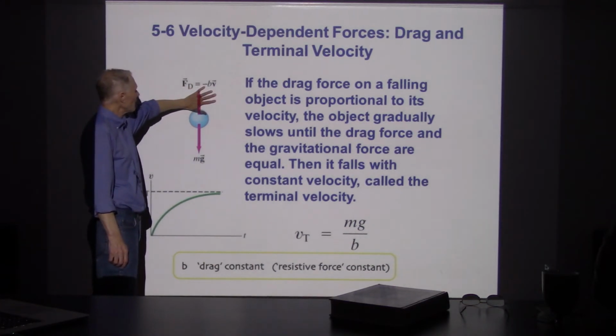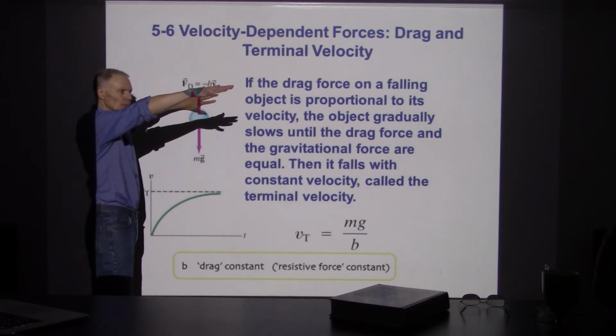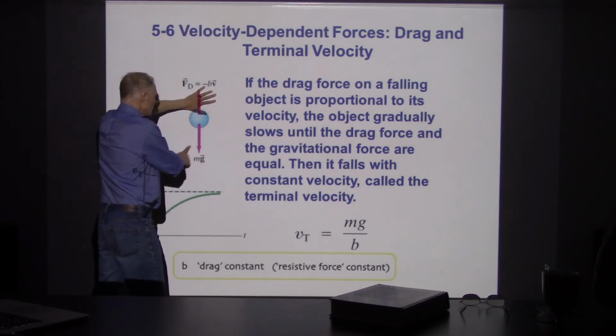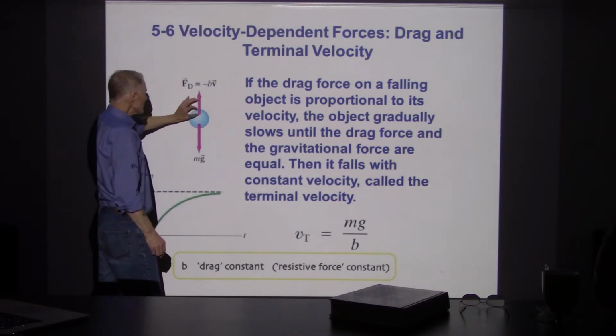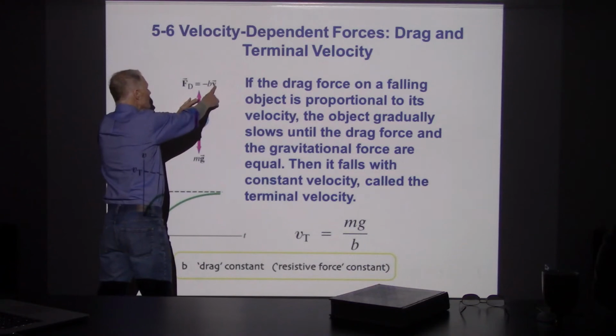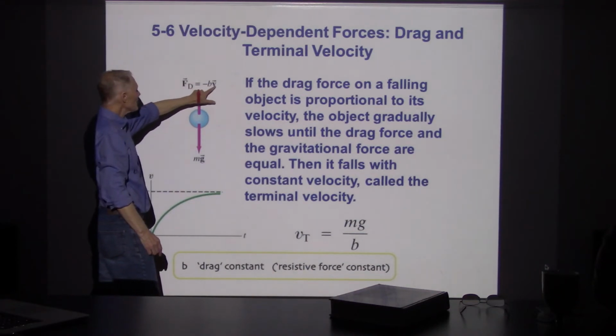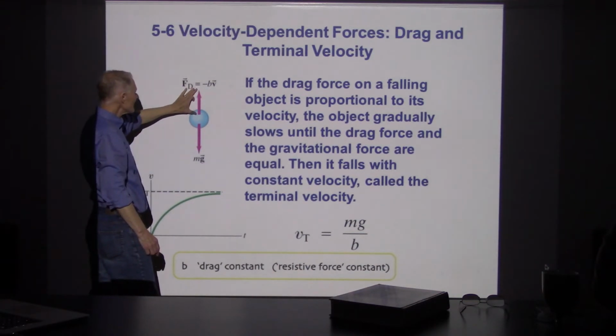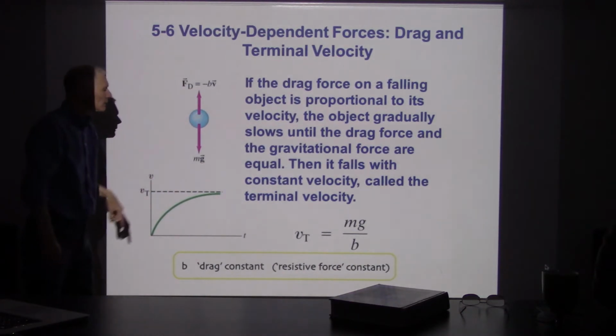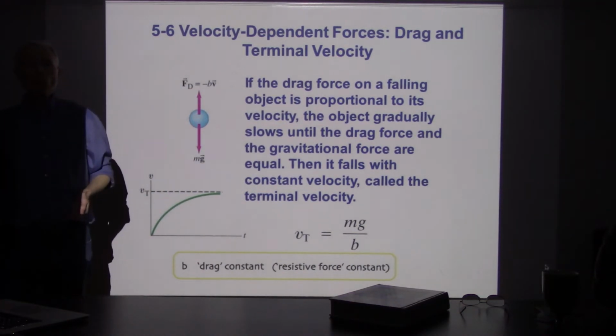Initially this force is not there. When we first let go of the object, it's purely mg. But then this starts to kick in, and as the v goes up, this force gets bigger. At some point, I'm going to reach a speed where the resistive force, due to the air, is just as big as gravity, and then I won't pick up speed anymore.